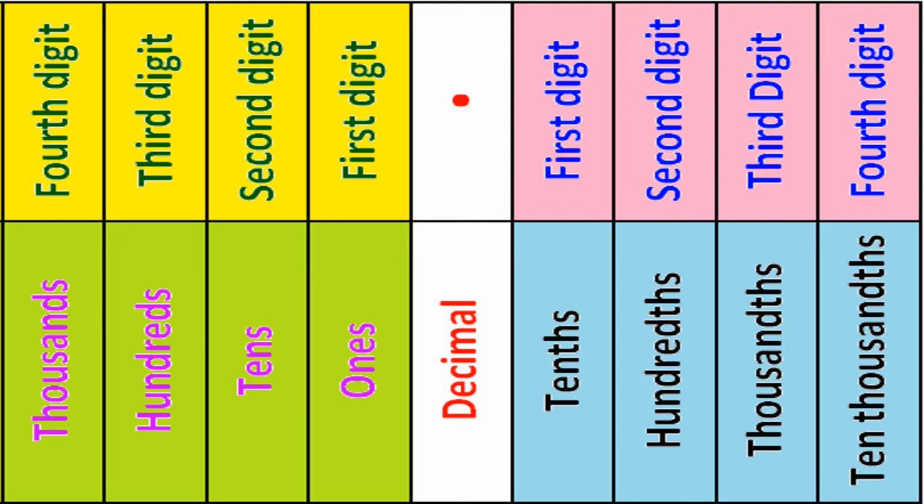In the decimal place value chart, at the left side we have ones, tens, hundreds and thousands, and at the right side of the decimal point we have tenths, hundredths, thousandths and ten-thousandths. That means the places at the right side of the decimal point, we add "ths" to them.